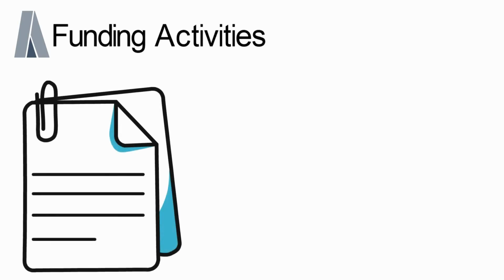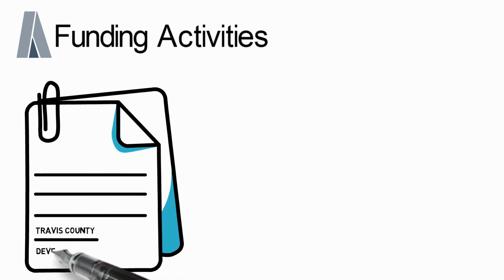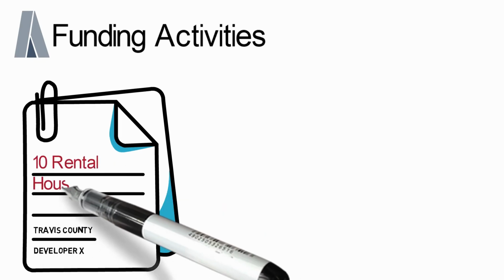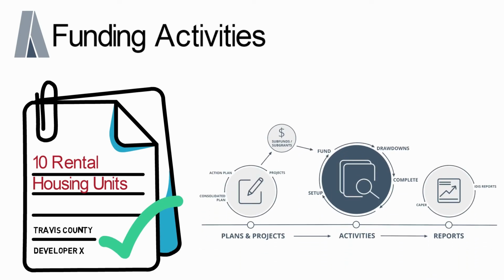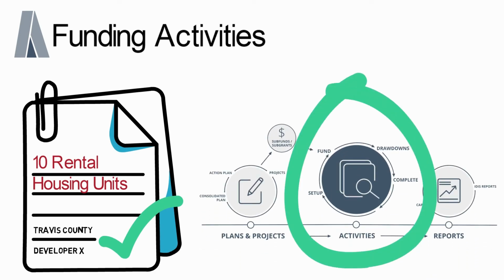Let's say that after several weeks, Travis County has executed a written agreement with Developer X for the construction of 10 new rental housing units at 40 Lone Star Avenue. Now that a project-specific written agreement has been executed, an IDIS activity can be set up for the 40 Lone Star Avenue project.